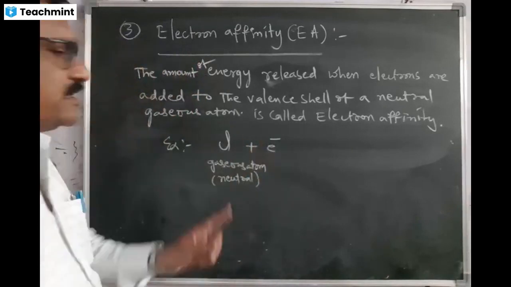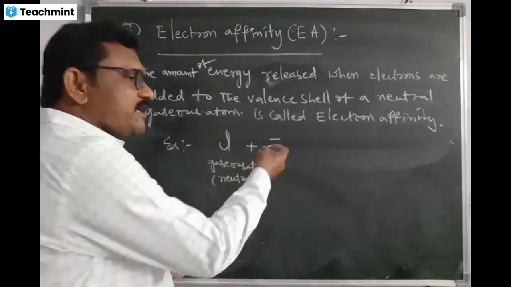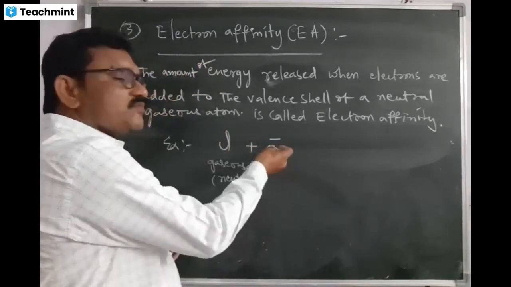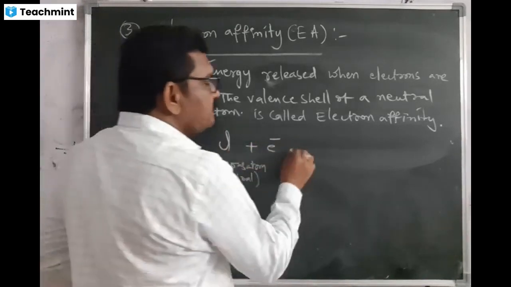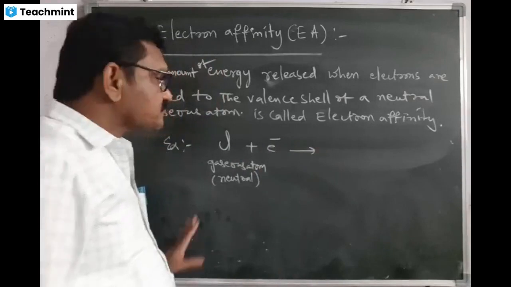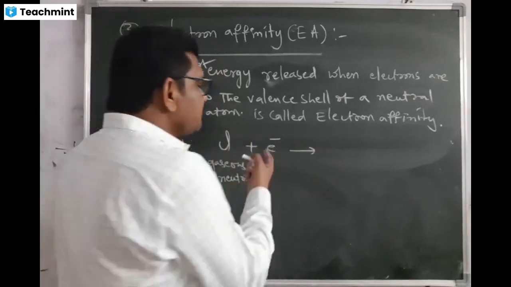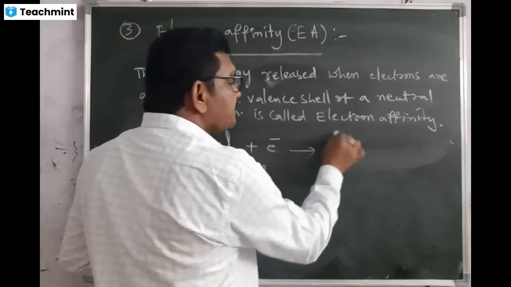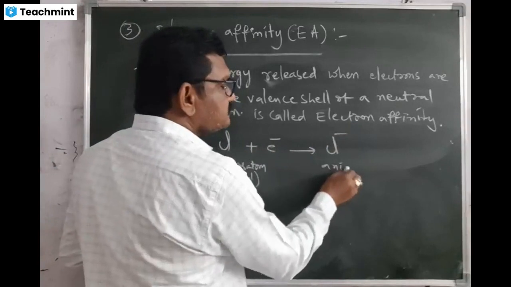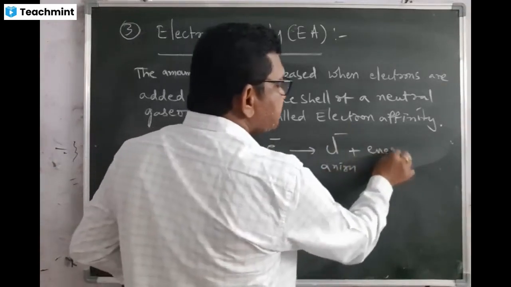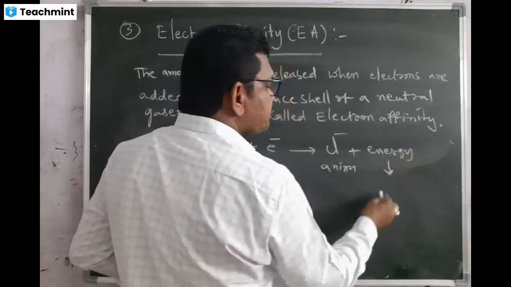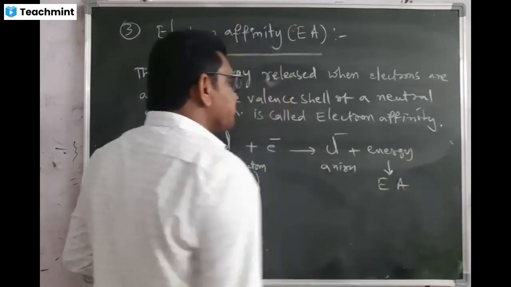For example, you can add one electron. By that, what happens? This chlorine takes the electron, it becomes an anion and releases some amount of energy. This amount of energy we consider as electron affinity.